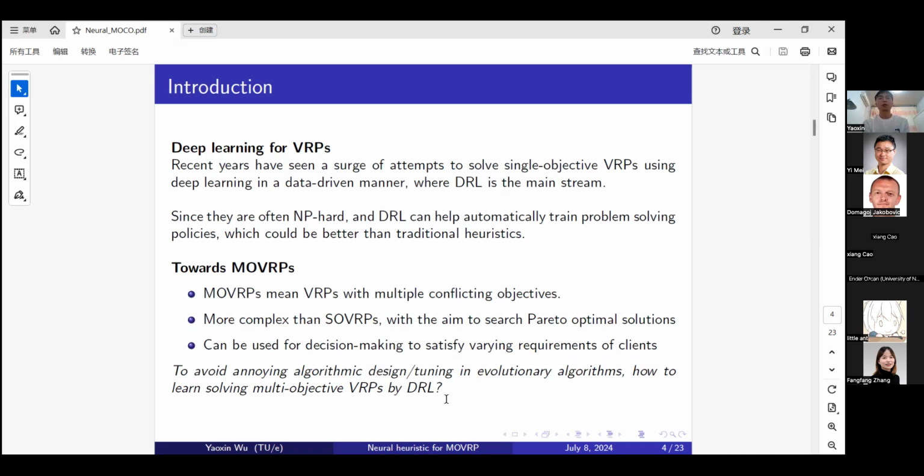But now a lot of research is put on deep learning methods for solving single-objective weak routing problems. There are still only a few works towards solving multi-objective weak routing problems. So in this talk, I will describe two of our works which are developed to solve multi-objective weak routing problems.